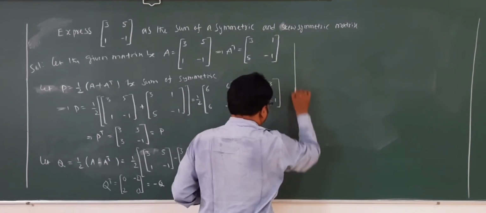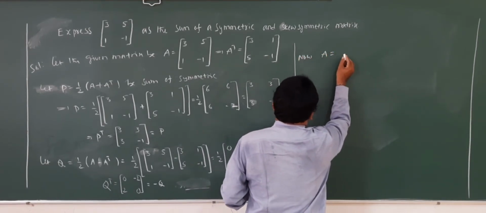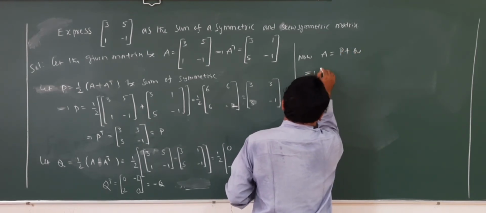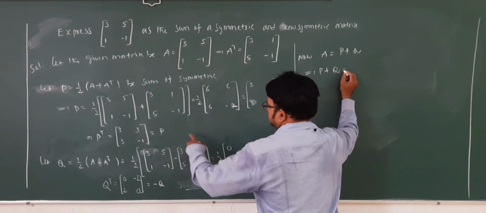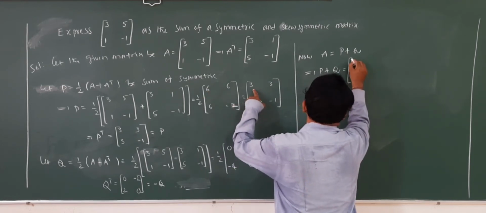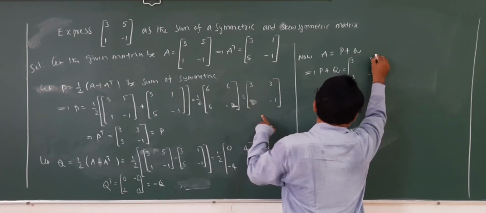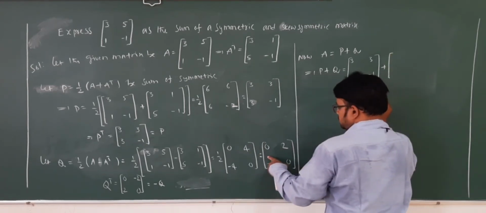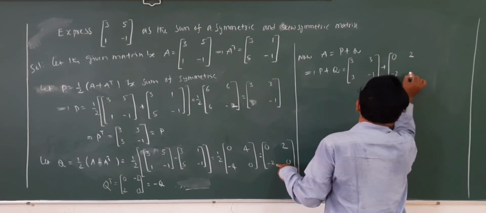Now A equal to P plus Q. P matrix is [3 3; 3 -1], and Q matrix is [0 2; -2 0].